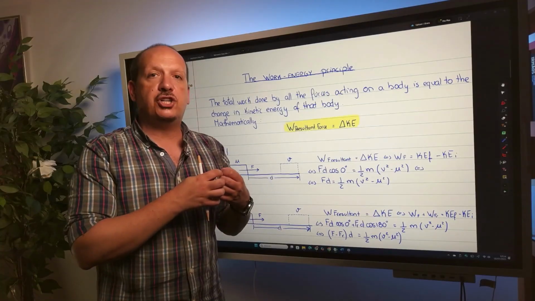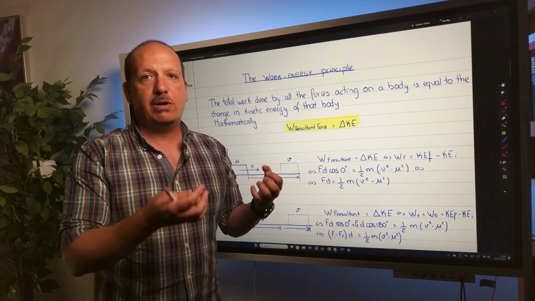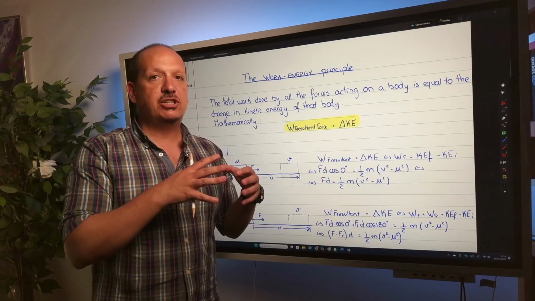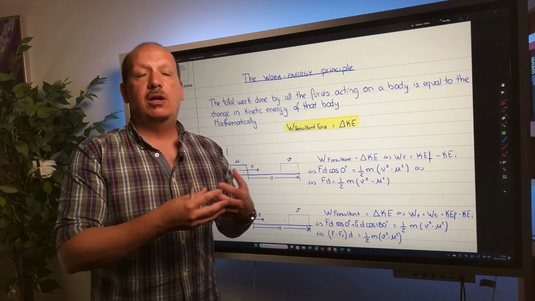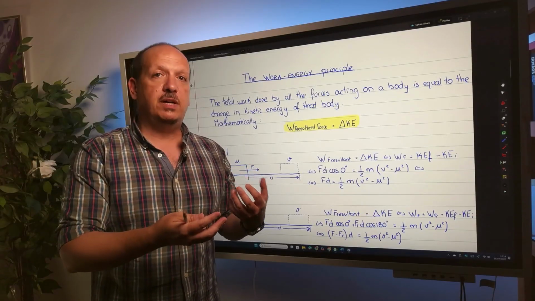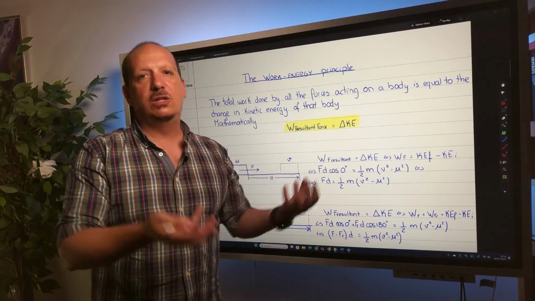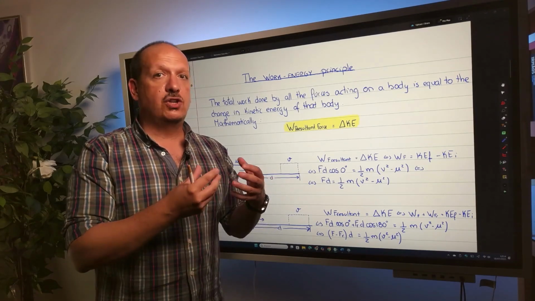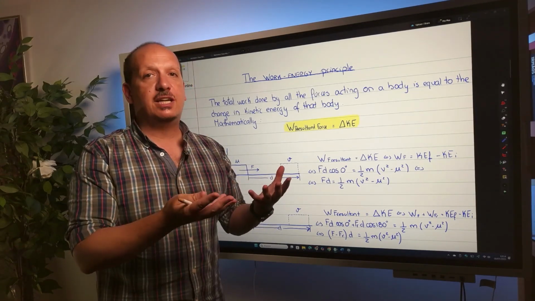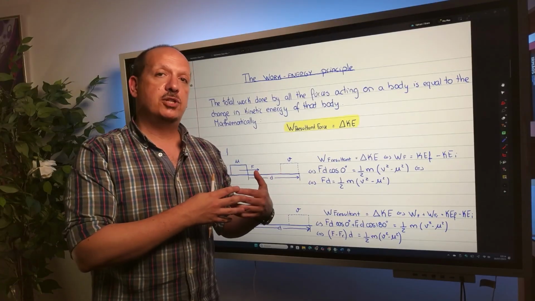It would be a change in its speed in a certain direction. Actually, here the direction doesn't matter, but it will definitely have a change in speed, assuming that all these works do not add up to zero. So there will be a change in the kinetic energy of the object.